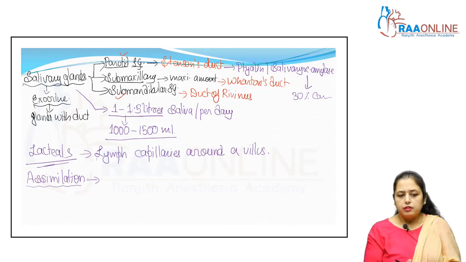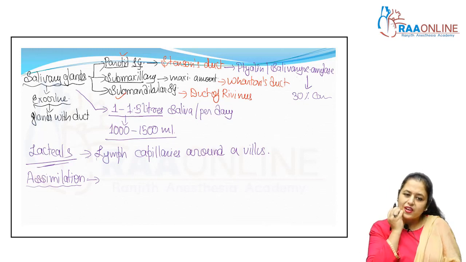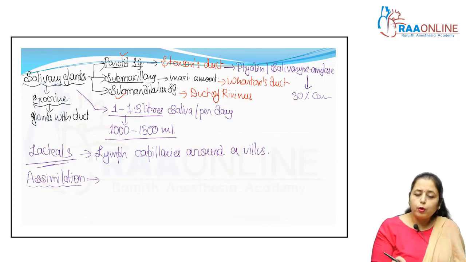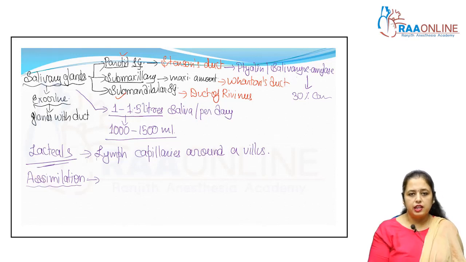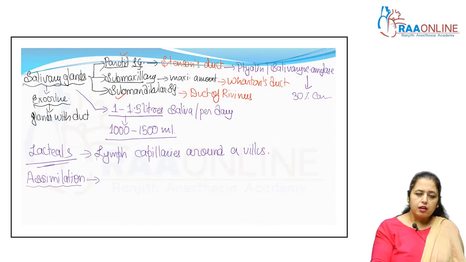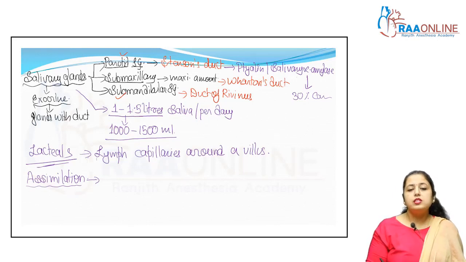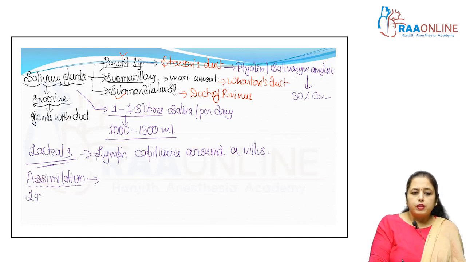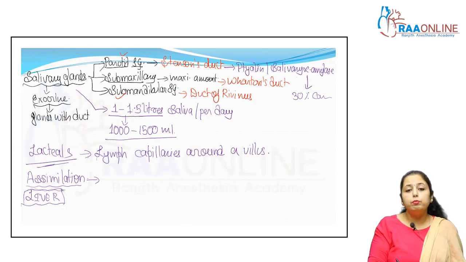Now what will happen when it enters the liver through the portal vein? We know that the liver is an important part of the body, because it is the chemical factory of the body. The structural and functional unit of the liver is the hepatic lobule.